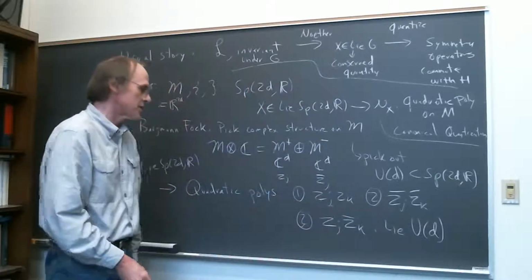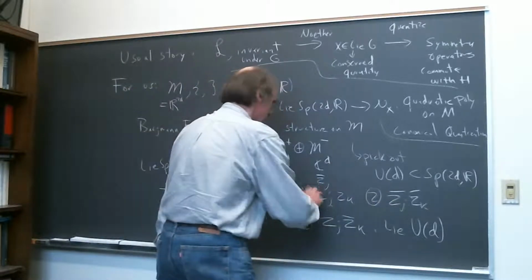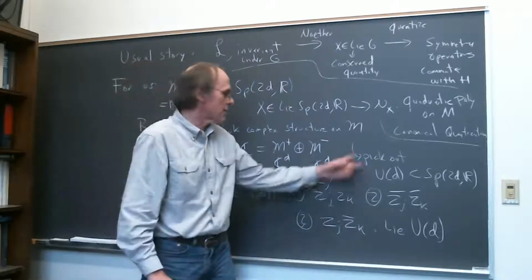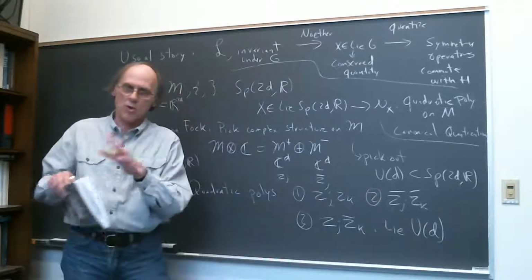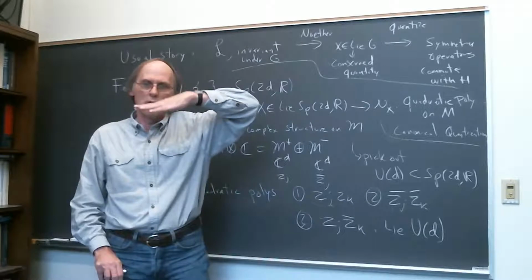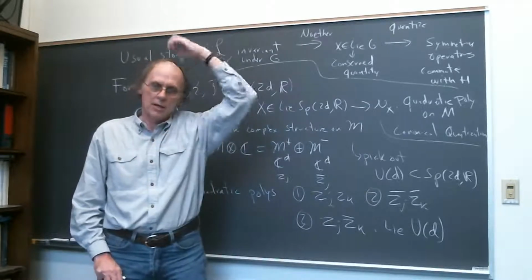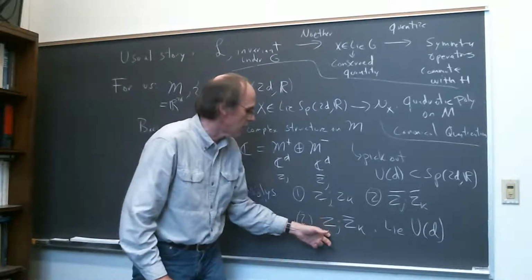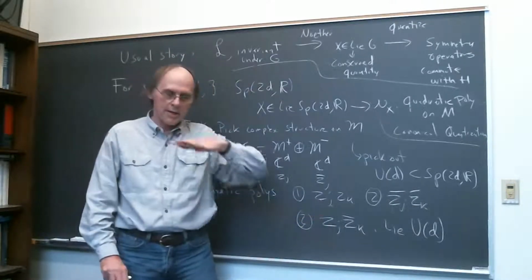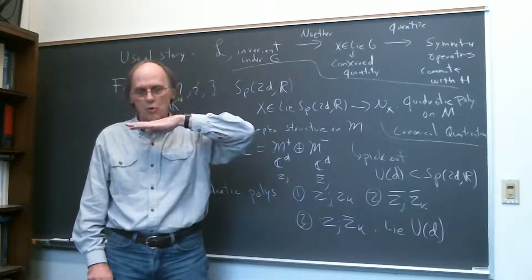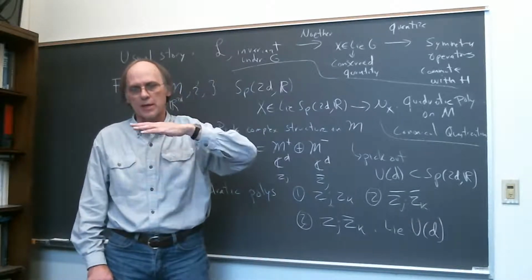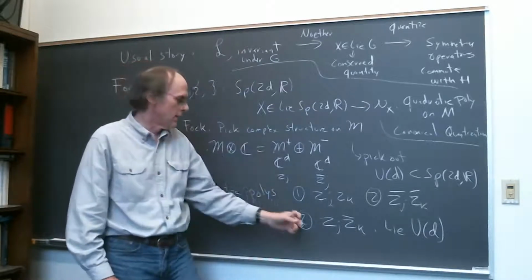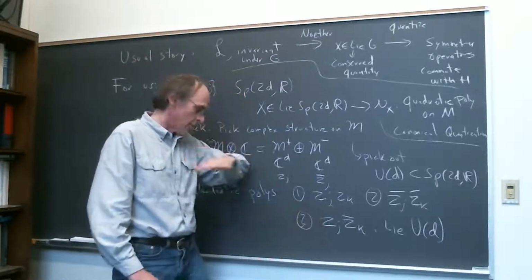Okay, so what happens? We're not going to pay much attention to these things. These are symplectic transformations that when you quantize them, they move you up and down between energy levels of the harmonic oscillator. These things, when you quantize them, are operators that keep you within the same number of quanta of your harmonic oscillator.